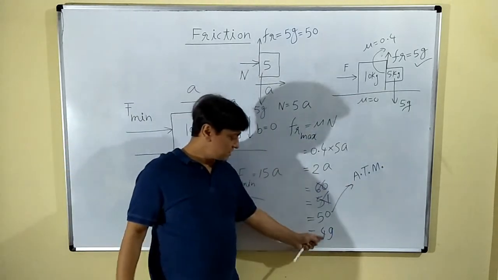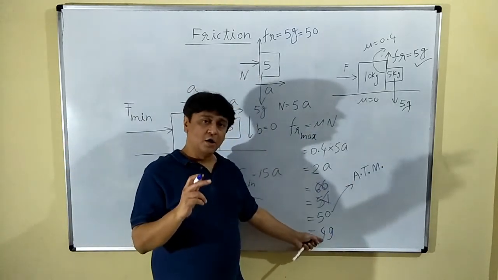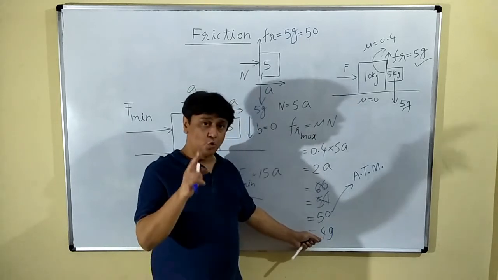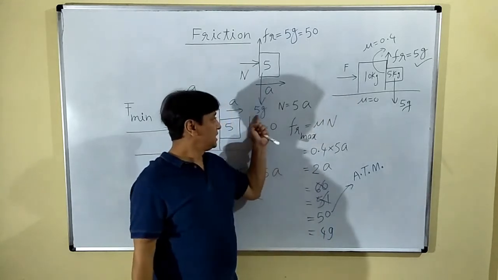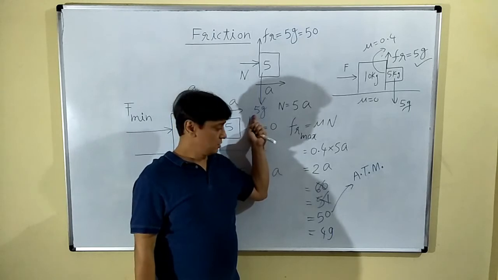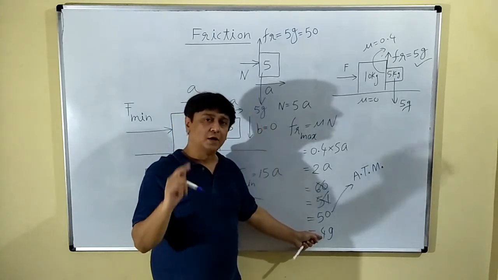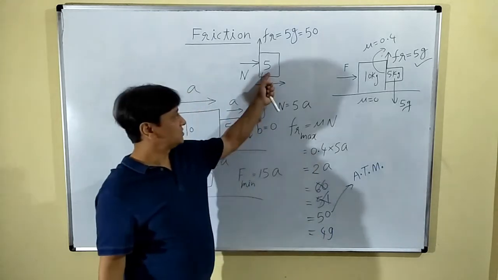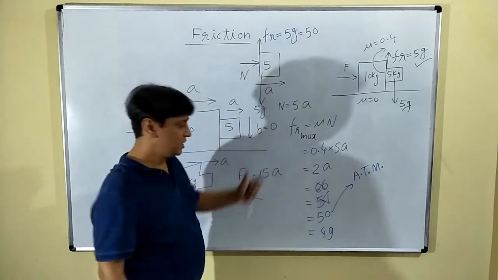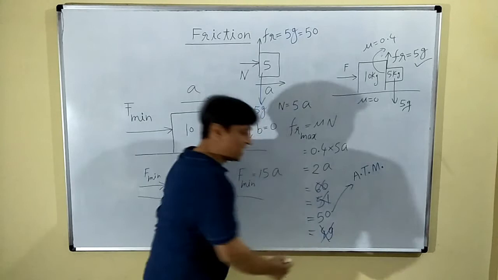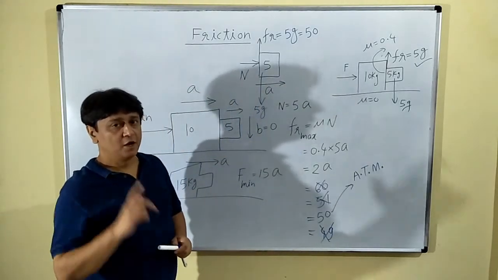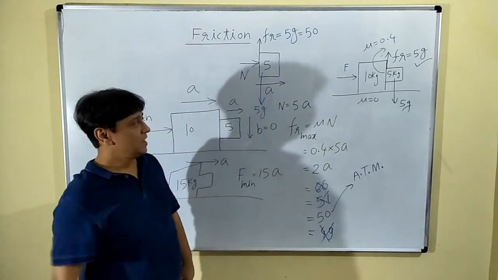Fr maximum is now what? 49. 49 लोग हैं जो रोक सकते हैं. खींचने वाले कितने हैं? 50. रोकने वाले कितने हैं? 49. क्या रोक पाएंगे? नहीं. लेकिन क्वेश्चन क्या बोल रहा है? दिस थिंग शुड नॉट मूव. इसका मतलब है हम इस 49 में इंटरेस्टेड नहीं हैं.